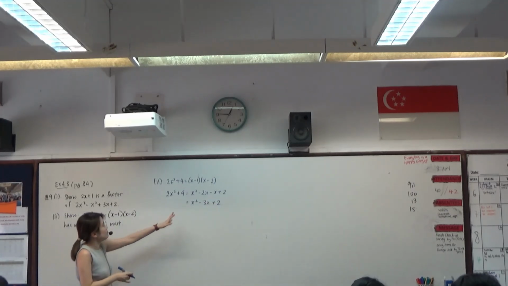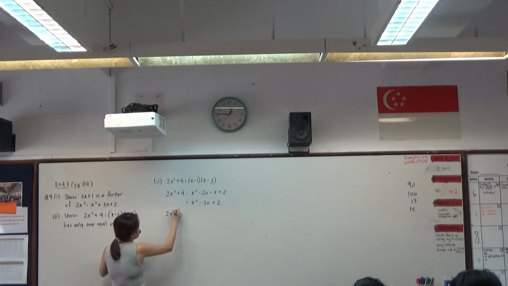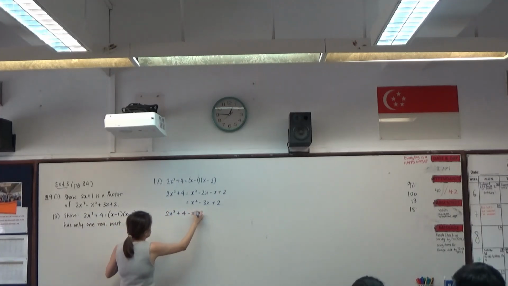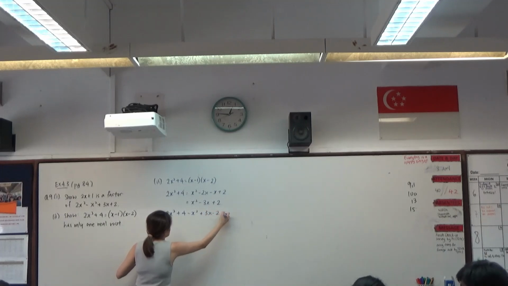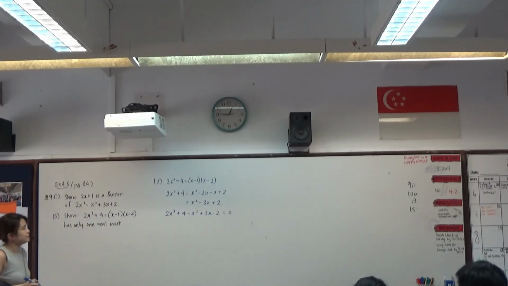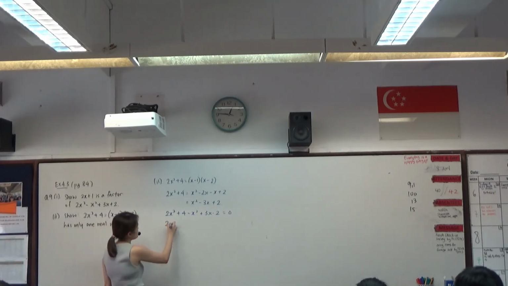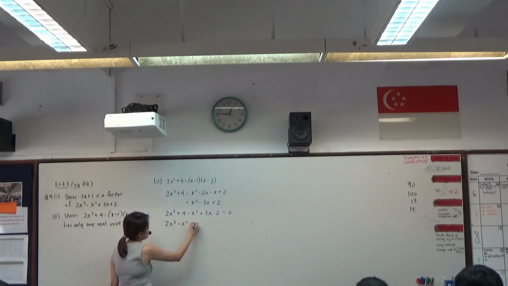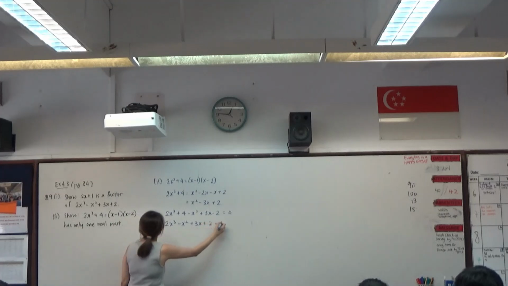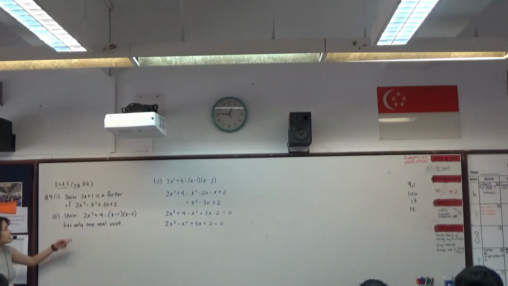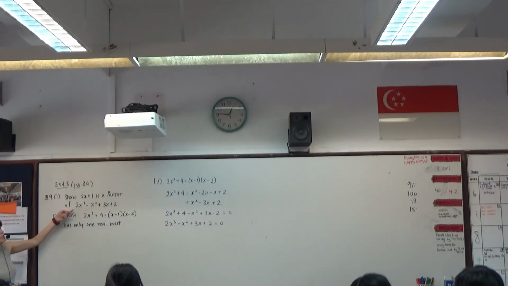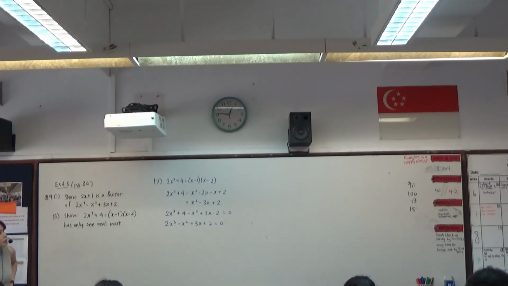Okay, and then you can move everything over to the left to achieve this, and simplifying it, we will get 2x cubed minus x squared plus 3x plus 2 equals 0, which is exactly the same expression as what we have in part I, right?